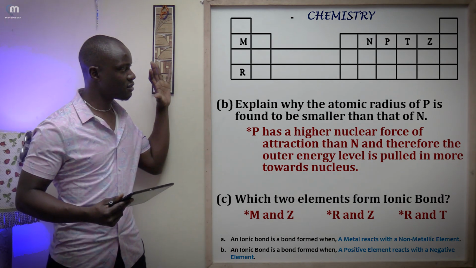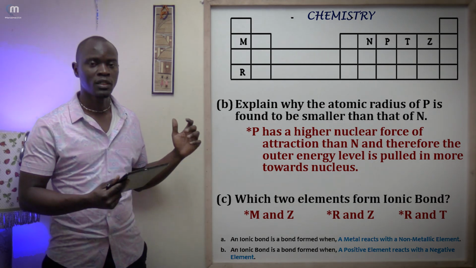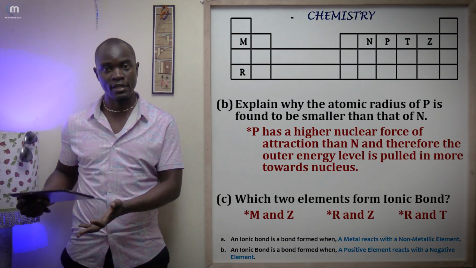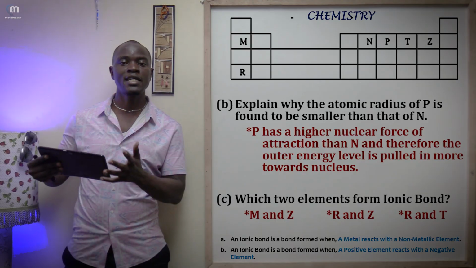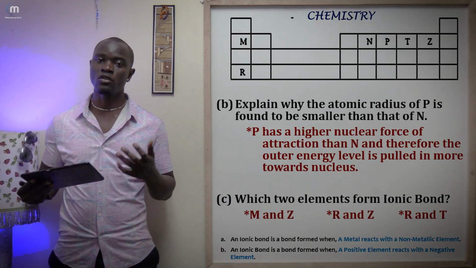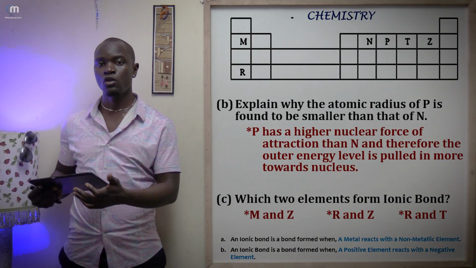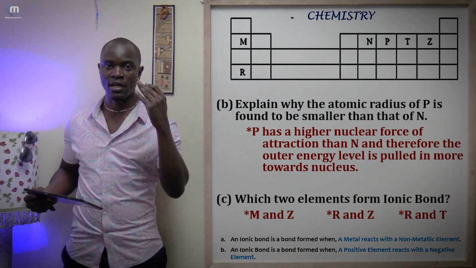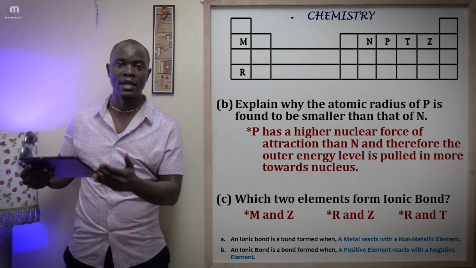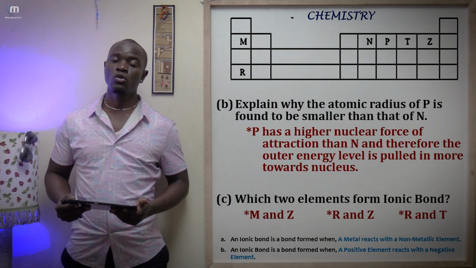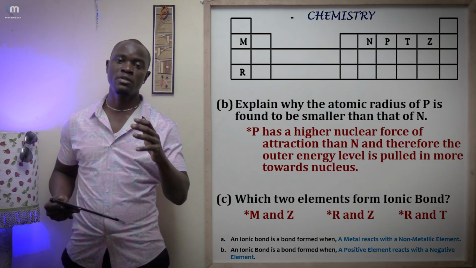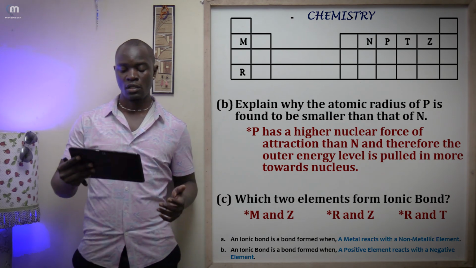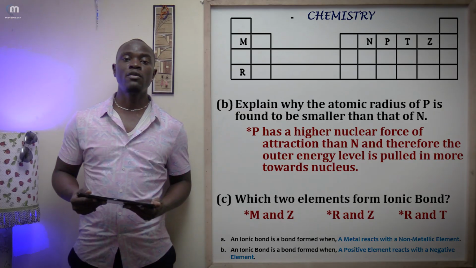Because as you look at this periodic table and this question, the question does not recognize letter M as lithium, letter Z as fluorine, or letter R as potassium. The question recognizes there is something called letter M, letter R, letter N, and so on. So just to be on the safe side, don't substitute these letters with the actual elements. So which two elements form an ionic bond?